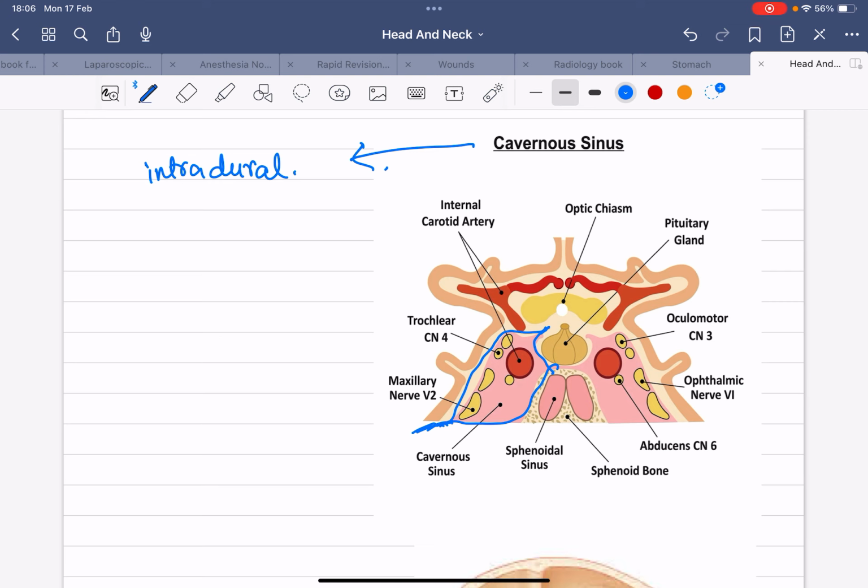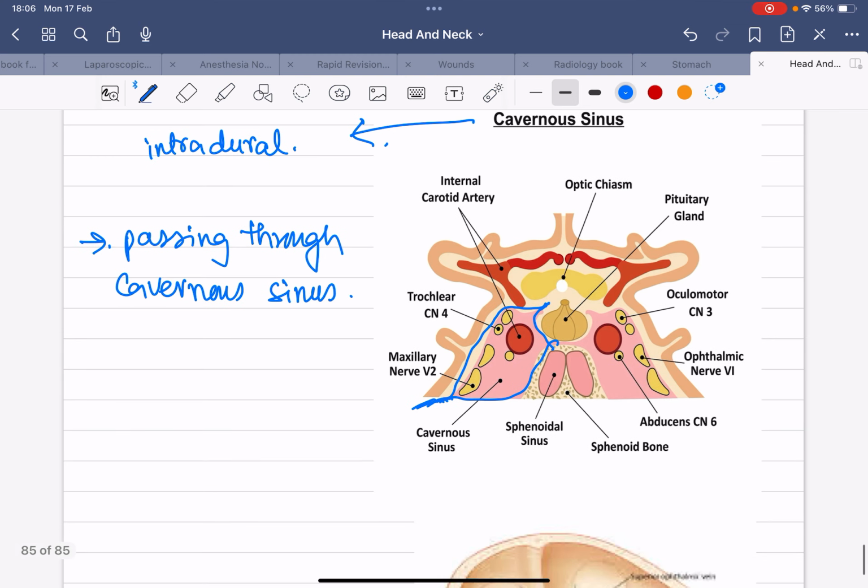Which structures are passing through it? As you can see in the diagram, it is the internal carotid artery and your sixth cranial nerve, that is the abducens nerve.